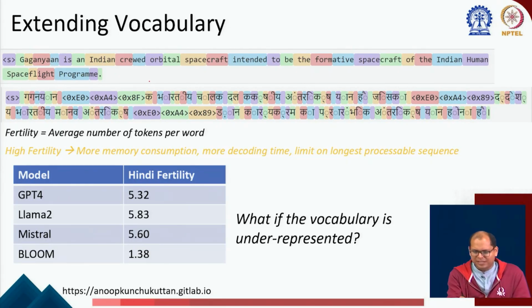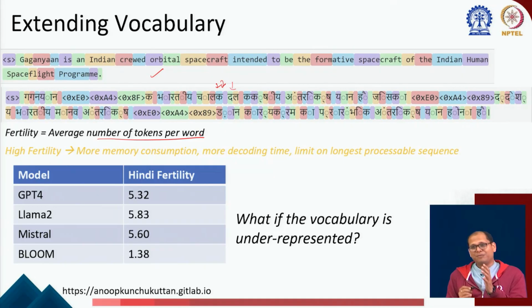Like in an example, there is an English sentence and a Hindi sentence, and you can see in the Hindi sentence, just a single syllable is being treated as a single token, right? And this is what you can measure by fertility, that is the number of tokens per word on an average.